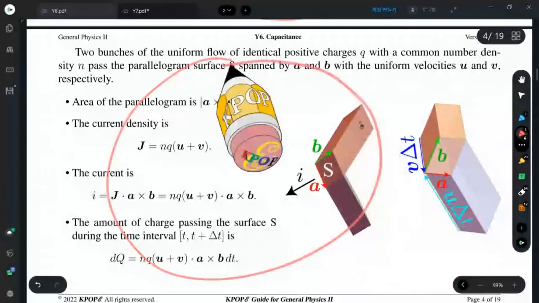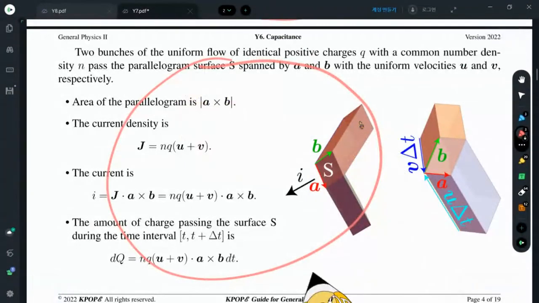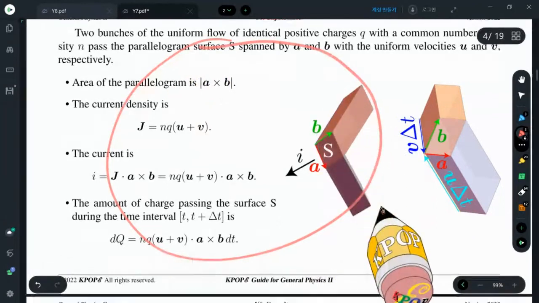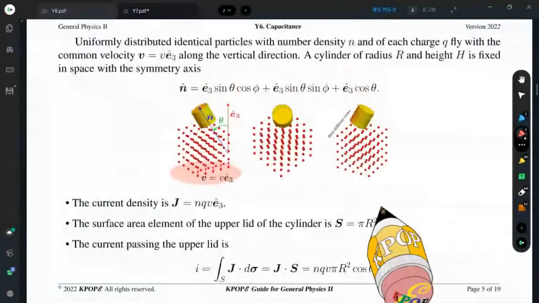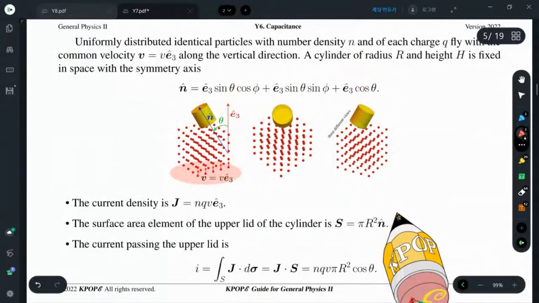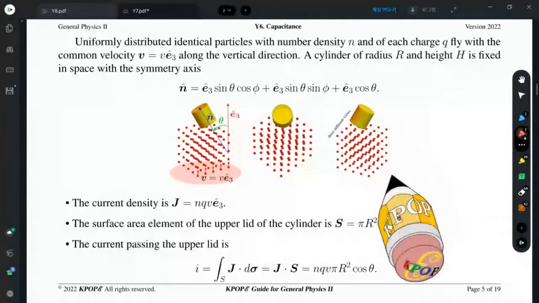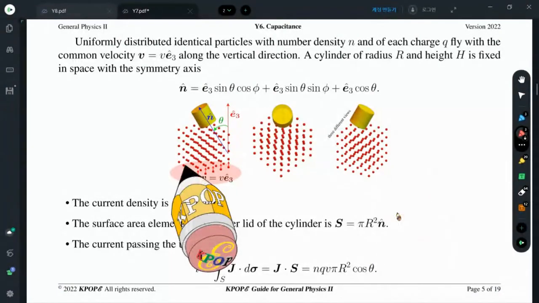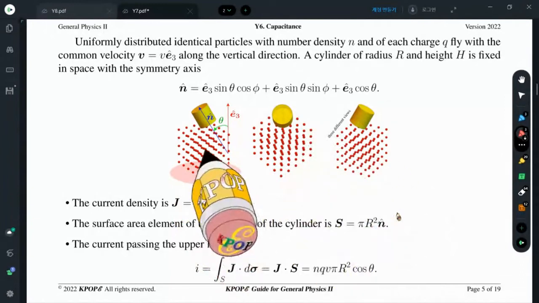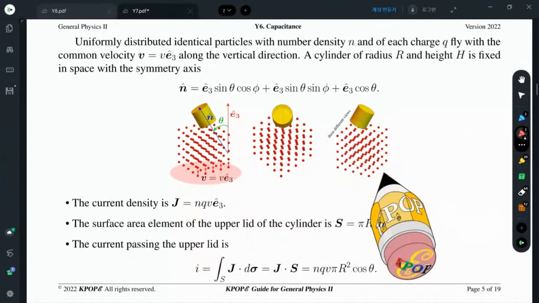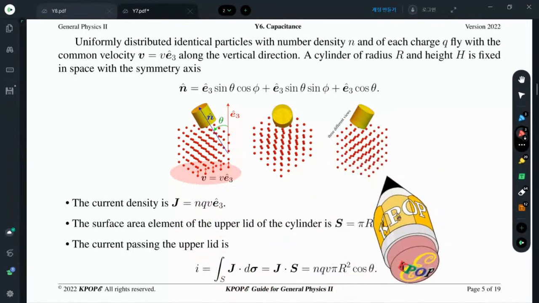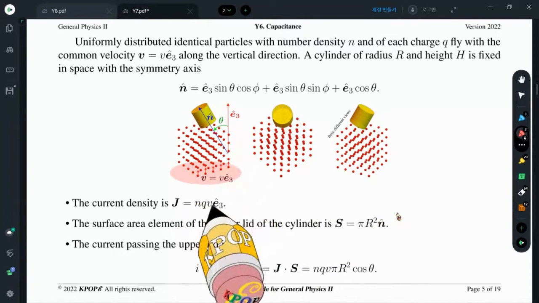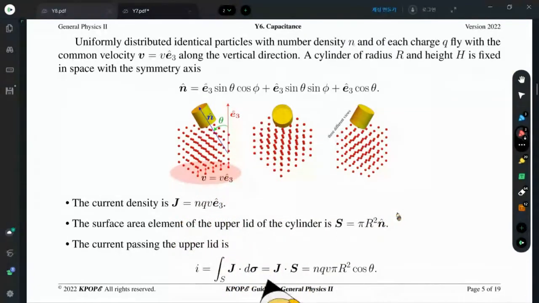So this is a simple application of a previous problem. Please practice with the elementary problem. Here we have a flow of charged particles. They are in an array, and we have an equal uniform distribution of particles, and they are all flying along the z-axis.